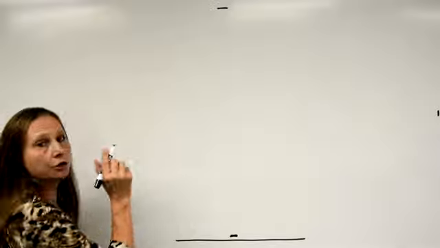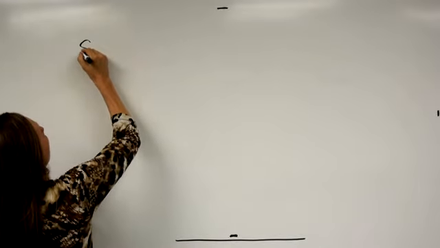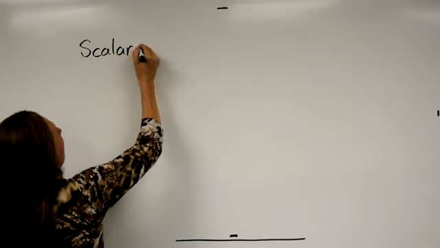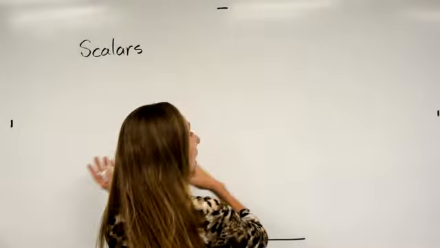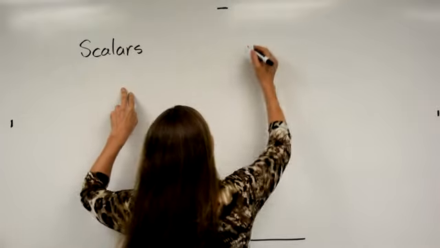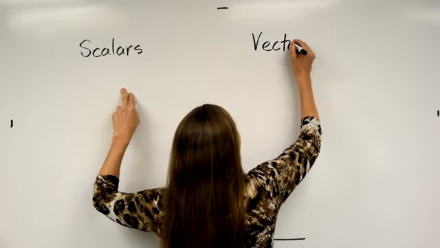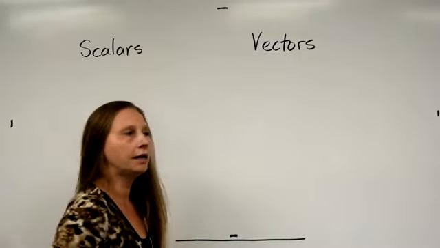So, here's the chart. You would first kind of divide the page into two halves, left column, right column. You would put the scalars in the left column and the vectors in the right column.